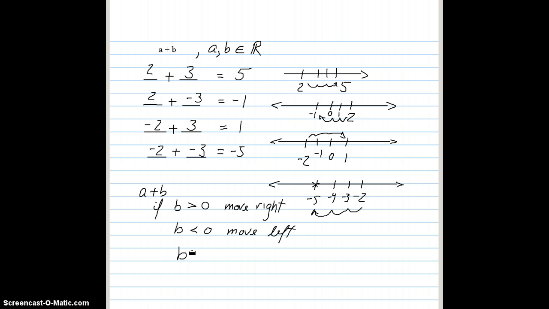What happens if b equals 0? How far are we moving? Well, if b equals 0, if I take any number and I add 0 to it, I'm just going to get a back, right? Because we haven't moved at all.